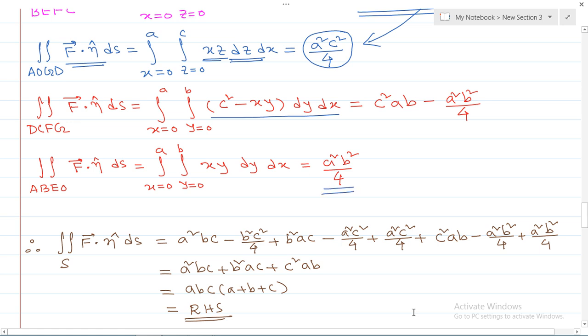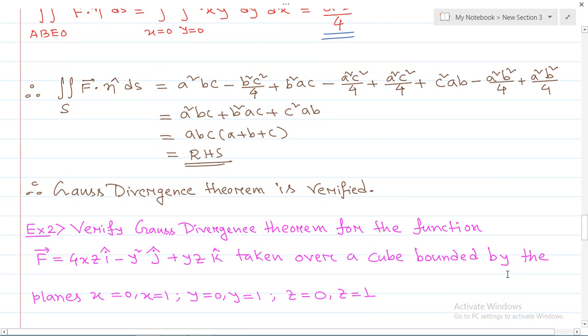After adding all the surfaces, what is the final conclusion we get? That is abc, a plus b plus c. If you have noticed, we already got this value in the left hand side term. So LHS equals RHS. Hence we can say that the Gauss divergence theorem is verified.